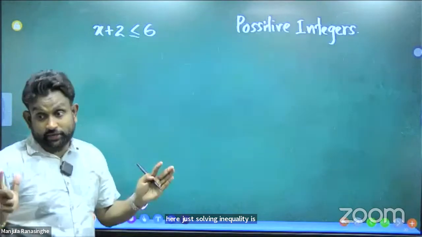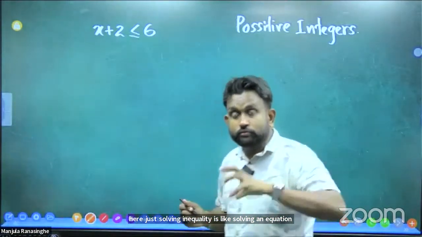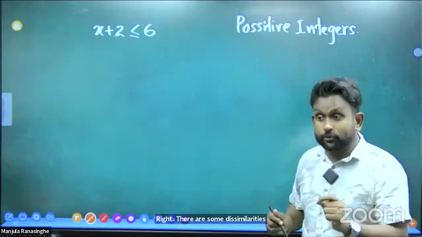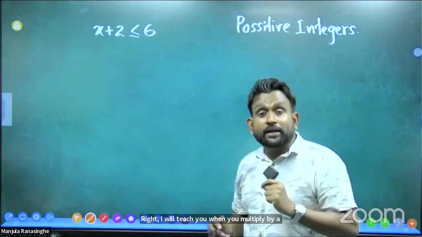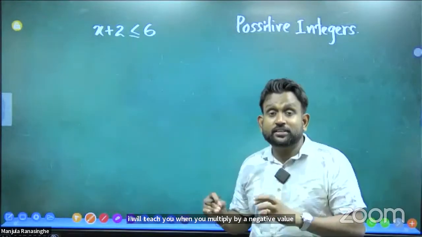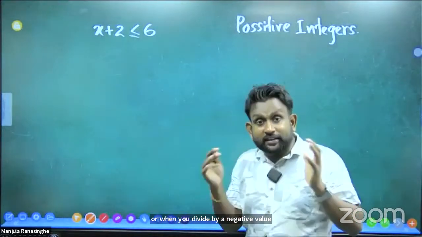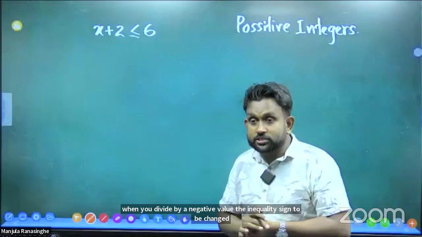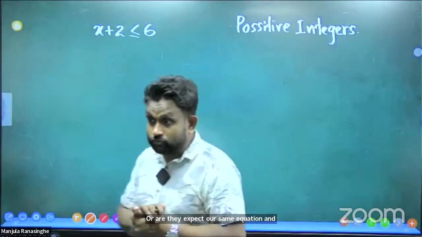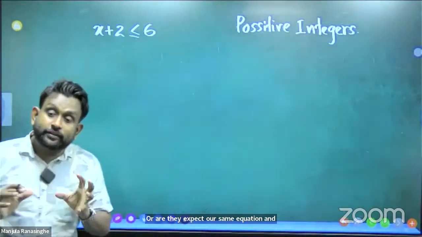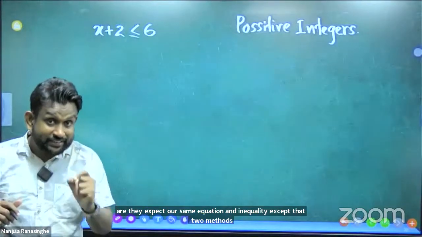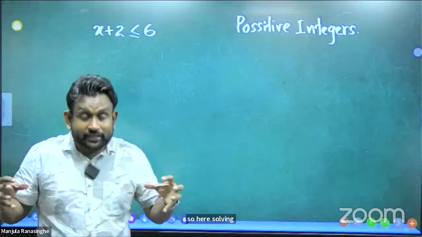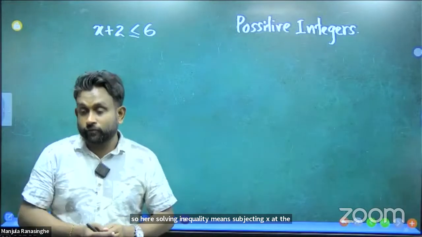There are some dissimilarities. I will teach you that when you multiply or divide by a negative value, the inequality sign has to be changed. All other aspects are the same for equation and inequality, except those two. So solving an inequality means making x the subject and taking a certain range of solutions for x.